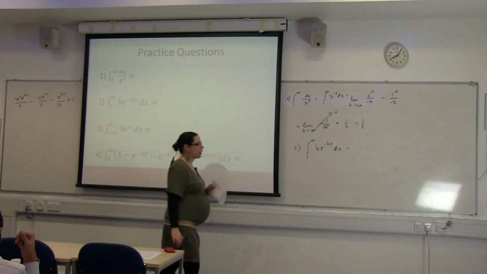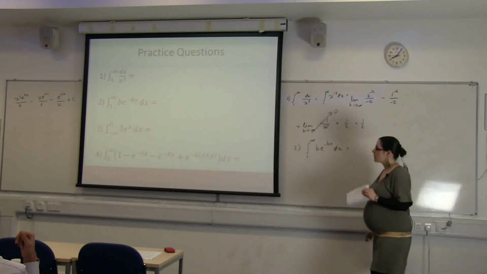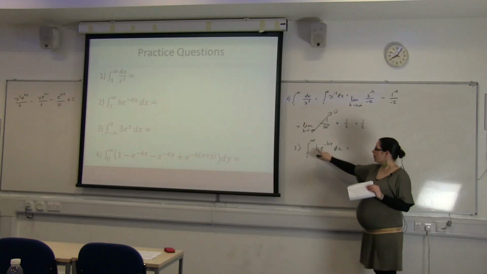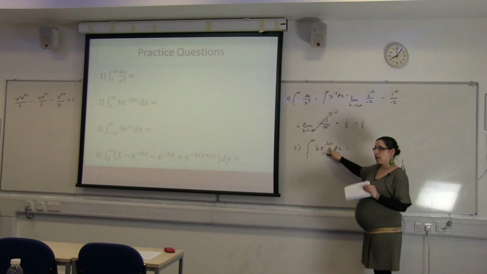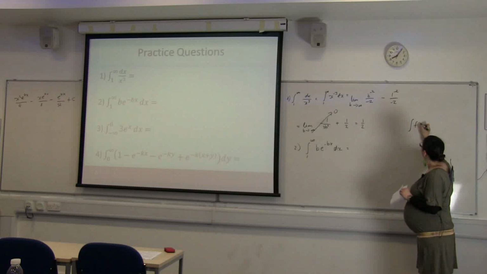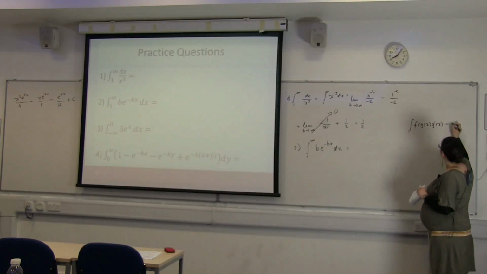Now, here's another trick that I'm going to show you. What you see here is b is almost g prime of x. And remember, what we did with the integration by substitution, we had the integral of f at g of x times g prime of x, which will be your f at u at the end.